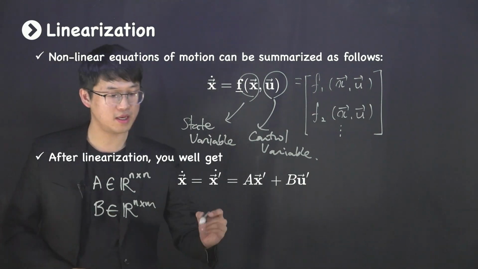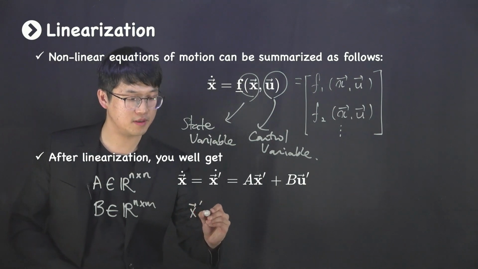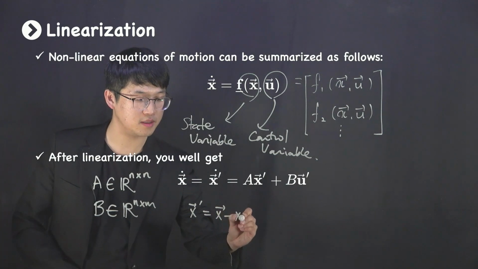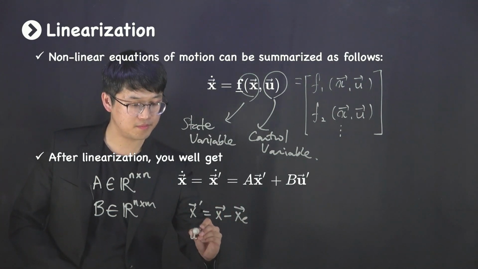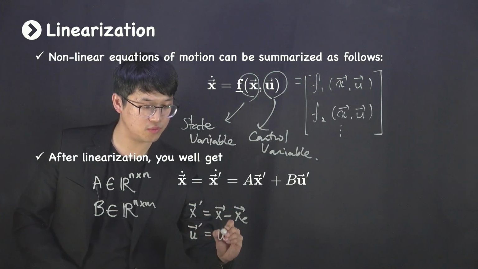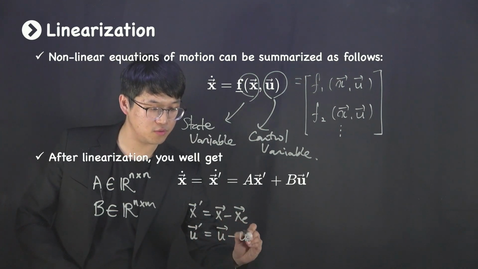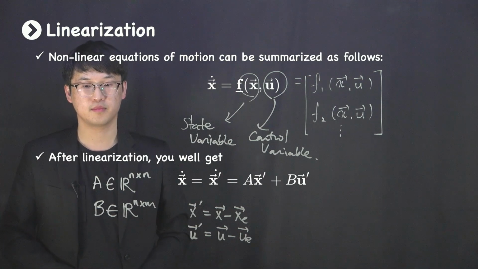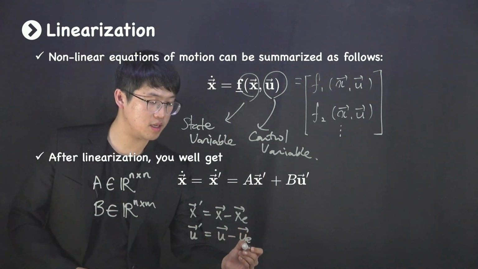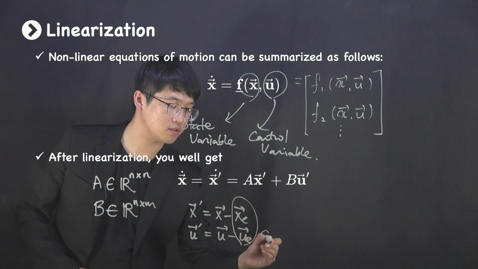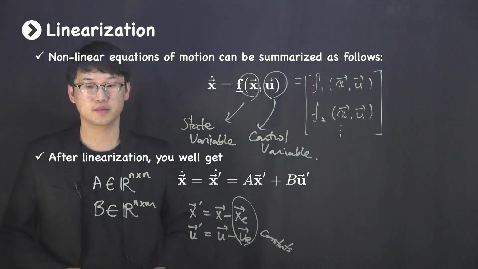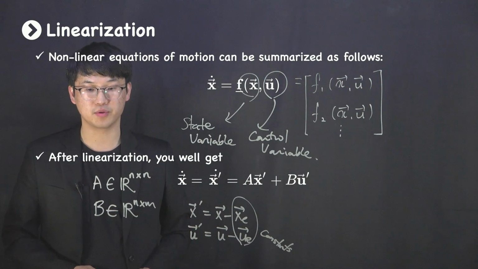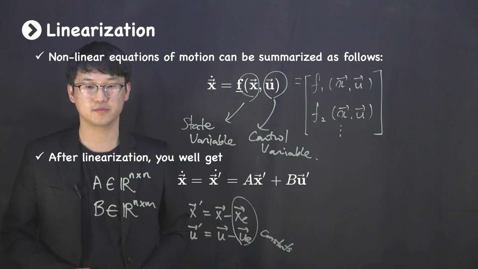For example, x prime is x minus xe and u prime is u minus ue, where xe and ue are constants describing states and control inputs for the hovering conditions or any other flight conditions.